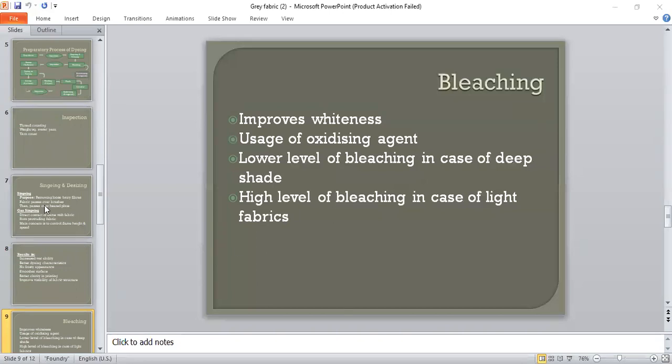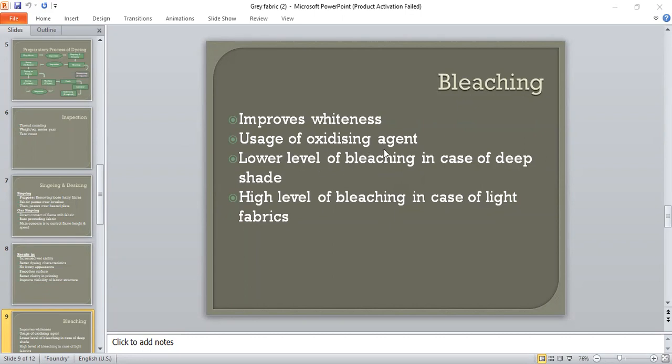What is bleaching? What is the main purpose of bleaching? Improve whiteness. It improves whiteness with the help of an oxidizing agent, dilute sodium hypochlorite.